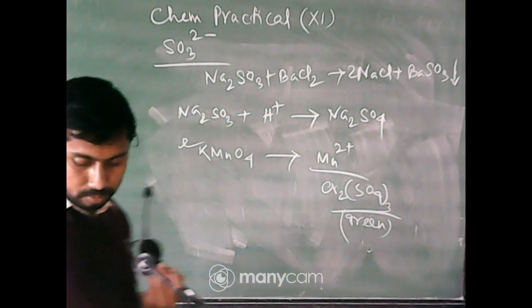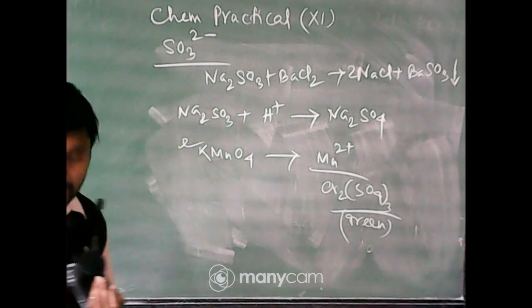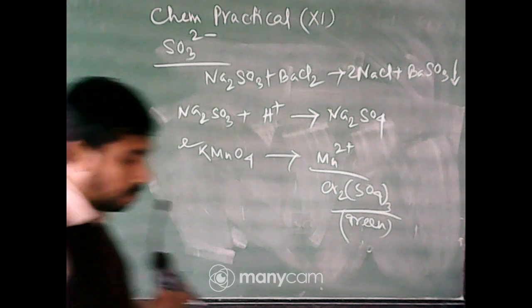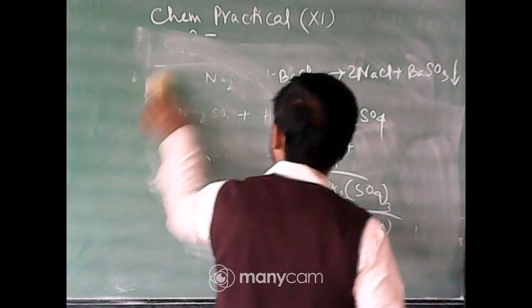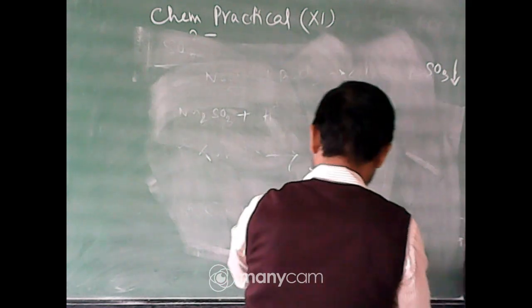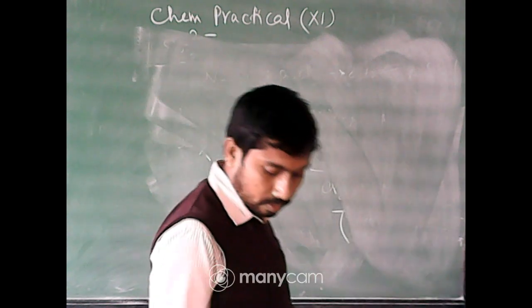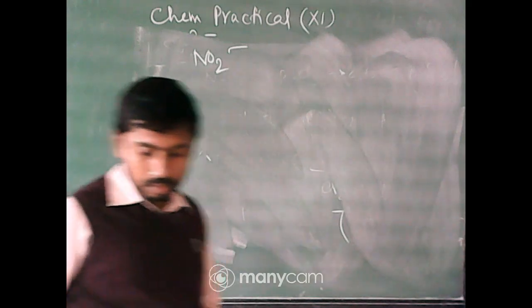Next, we have done the carbonate, the sulphide, SO3 2 minus, and then nitrite, NO2 minus. So let's see it for nitrite, NO2 minus.